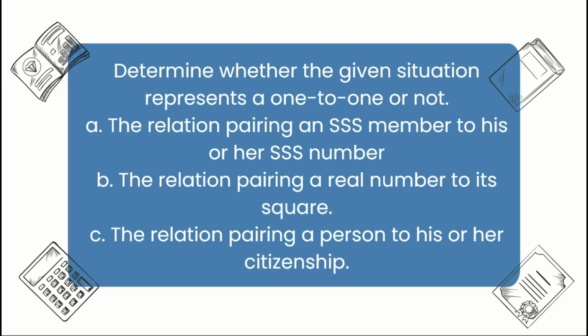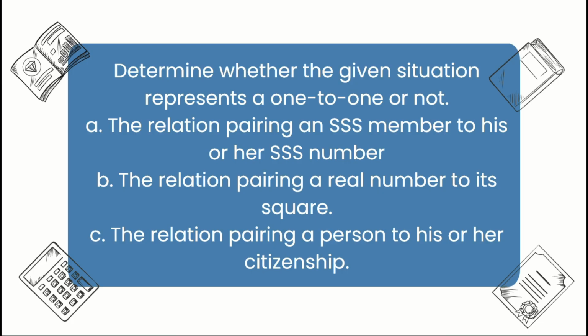Kasi diba, you being an SSS member, ma-assign ka ng SSS number. One individual cannot be assigned two different SSS numbers. Therefore, function siya.